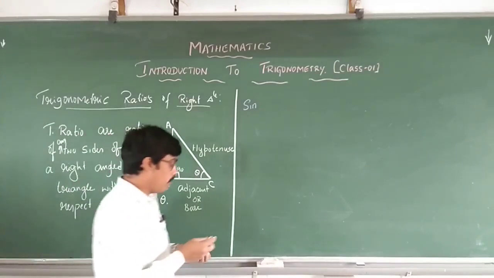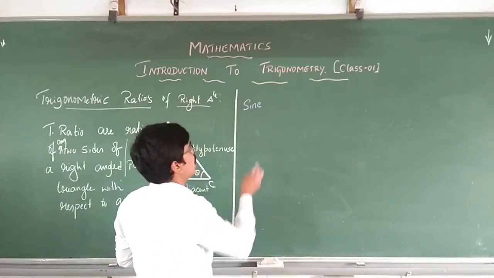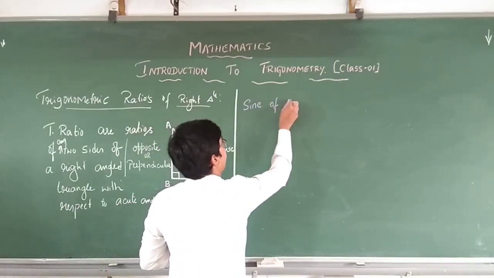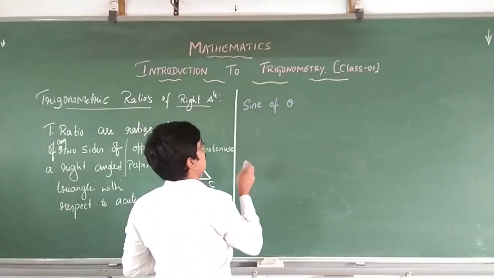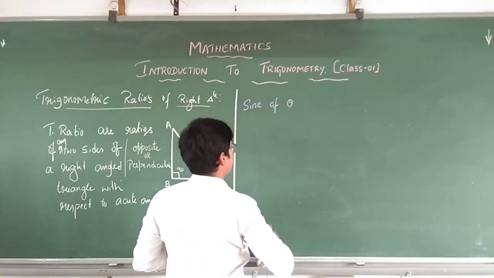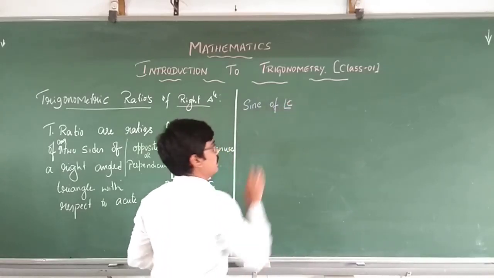So we call the first ratio, using Greek-letter words, sine of angle theta, or sine of C. Let me write sine of angle C. This is the first one.